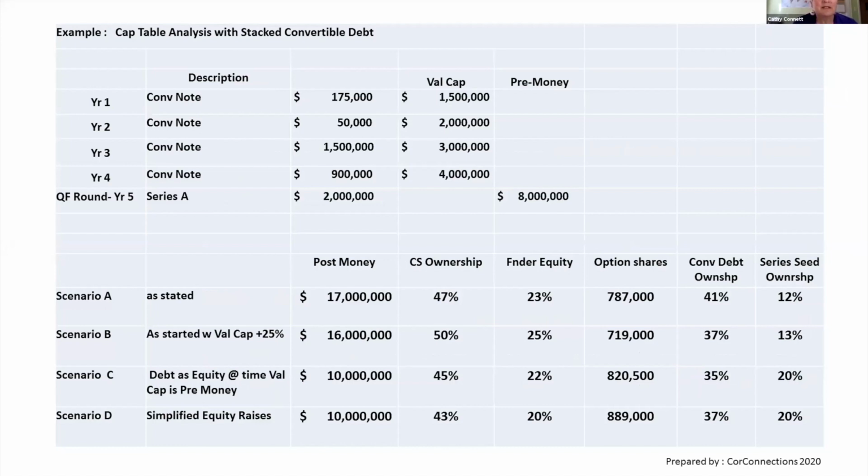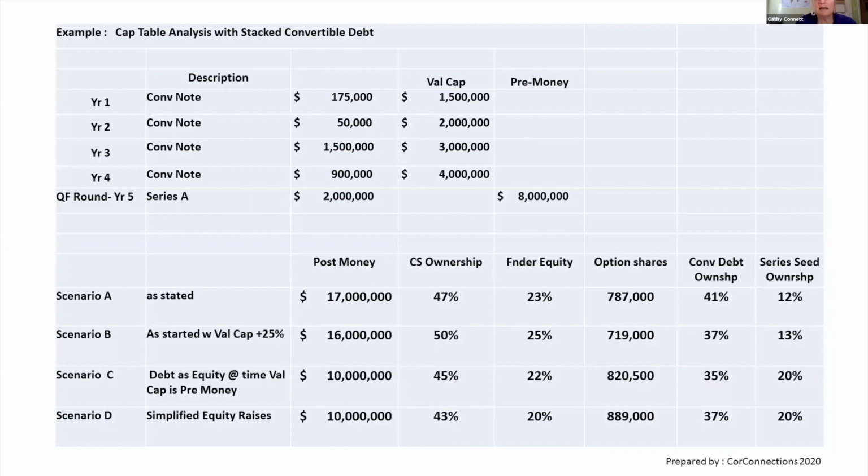So this was a situation where the company actually did 4 convertible notes followed by a Series A round. As you can see, very early on, raising small amounts of money. At the point before the first convertible note, the key founder owned about 60% of the company in common stock.